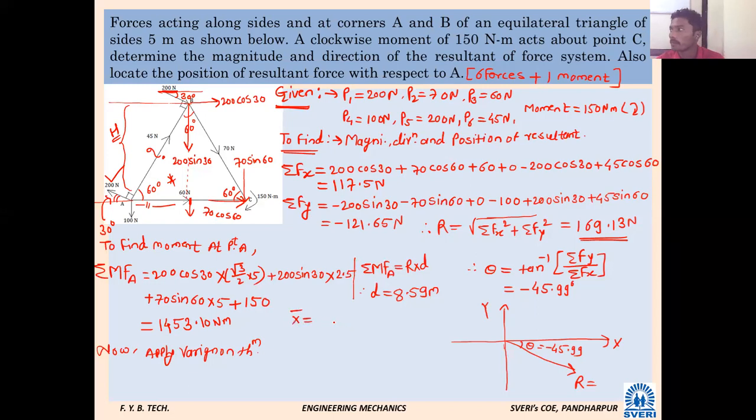X bar equals summation of moment F at point A divided by summation F, and Y bar. Minus 11.94. Yes, correct. Be confident. Minus 11.94.